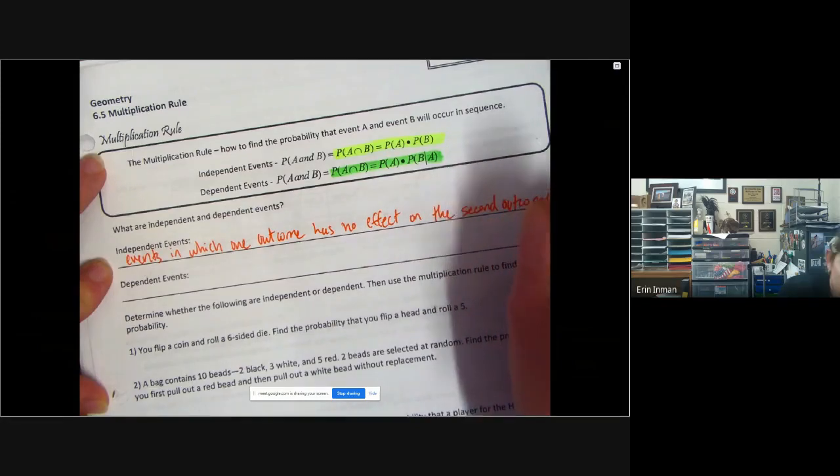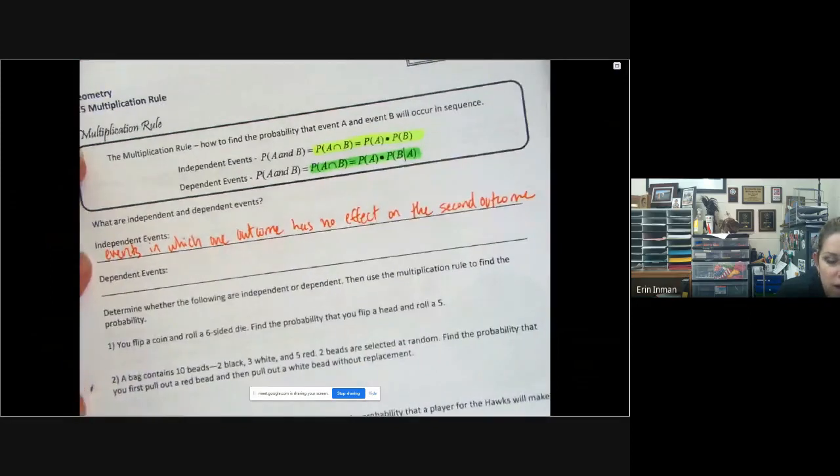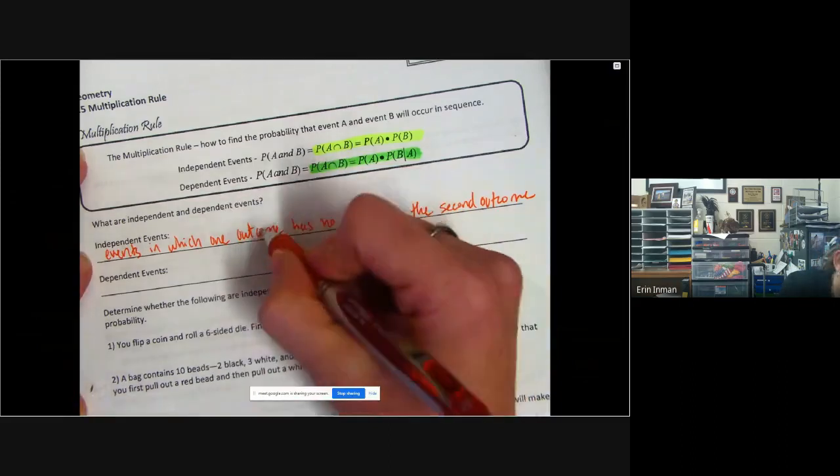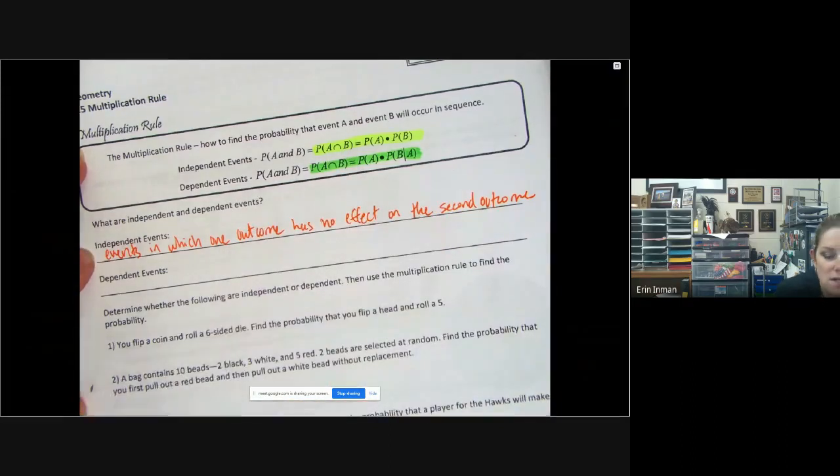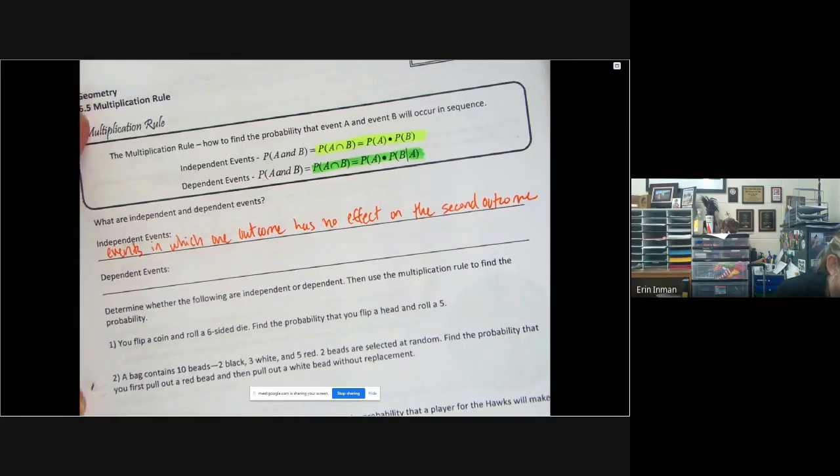For example, picking a card and flipping a coin. Whichever card I pick is not going to influence me flipping the coin. Don't try to read too much into these. If it's independent, life is a lot easier if you just don't think of a loophole.